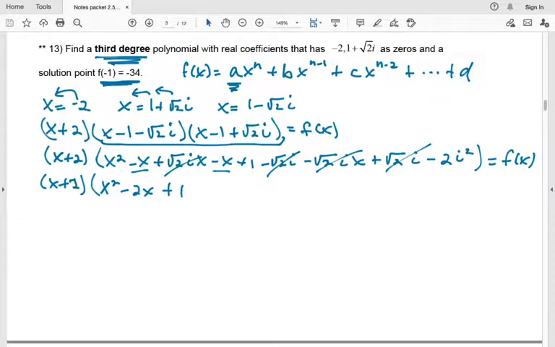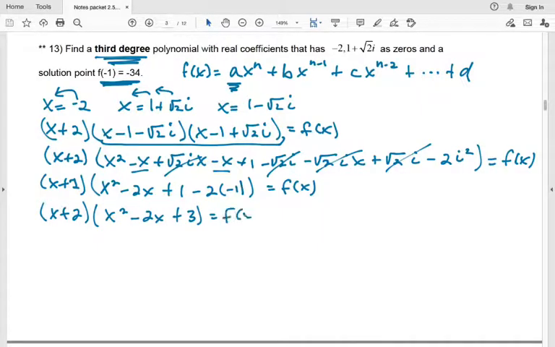Then you've got plus 1, and then you've got that minus 2i squared, which is really a -2 times a -1. Okay, again, that equals f of x. So you've got x plus 2, and then x squared minus 2x, and then that gives me plus 3 equals f of x. Now we need to multiply all of that out.